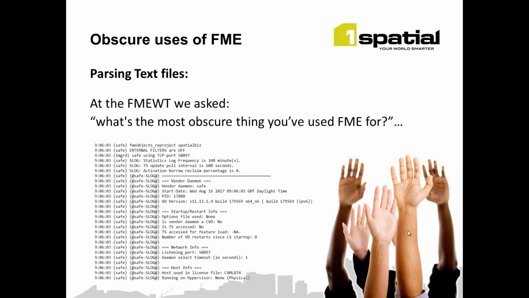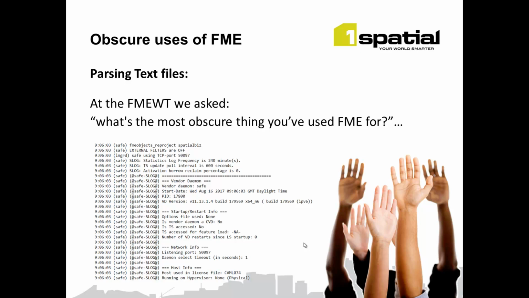And for them, it gave them the ability to identify whether they were going to need to add any additional seats to their license server, or perhaps go the other way and reduce that license count. Effectively, they were just reading and parsing a text file and archiving off the bits of detail that they wanted. I thought it was a pretty obscure use, but actually quite a clever one.